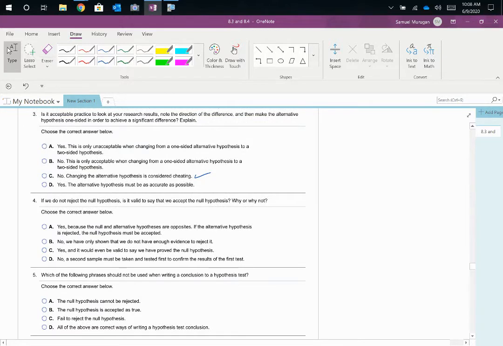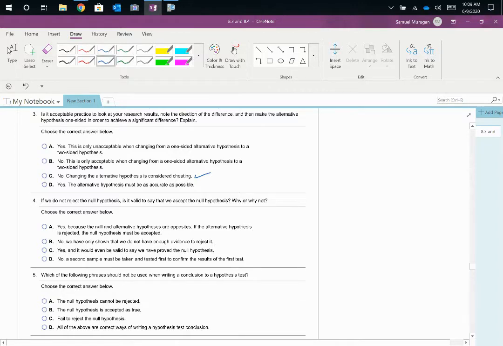If you do not reject the null hypothesis, is it valid that we accept the null hypothesis? Why or why not? Let me read this question again. If we do not reject the null hypothesis, is it valid to say we accept the null hypothesis?